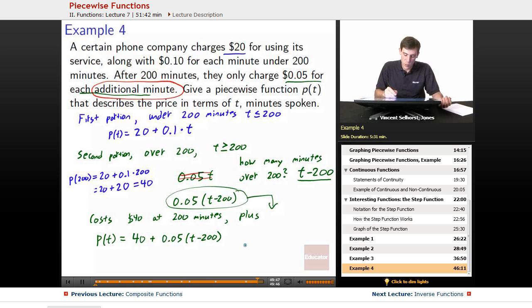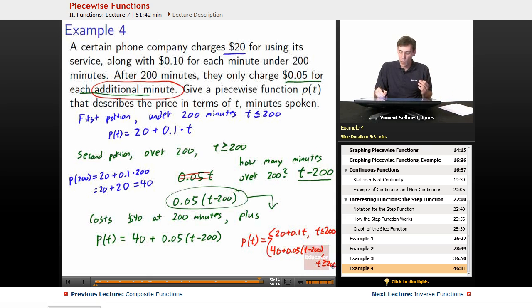So we've got a piecewise function here, P of t equals 20 plus 0.1 t when t is less than or equal to 200, and 40 plus 0.05 times the minutes over 200 when t is greater than or equal to 200.